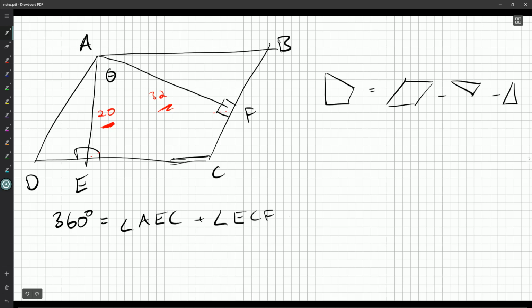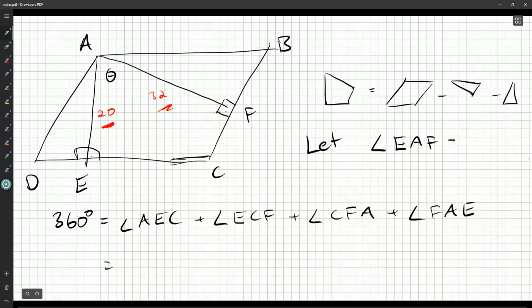ECF, which I don't know. CFA, again 90 degrees, and FAE, which we're told is, well, which I'm calling theta. Because I know the cosine, I don't actually know the angle. I could grab my calculator to figure it out, but it's not a nice thing like 20 degrees or something like that. So I'm going to say let angle EAF be theta.